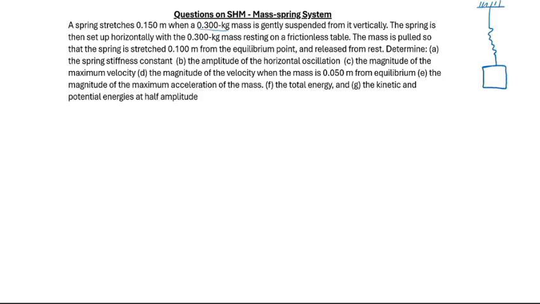They said when this object, which is 0.3 kilogram, was suspended on it, it stretches to this extent, 0.15, which means from this we can know our spring constant. That is for the first statement. Now, the spring is then set horizontally. That is another thing. Let's find our spring constant first.